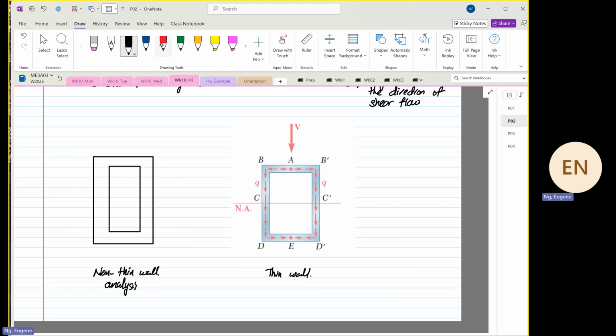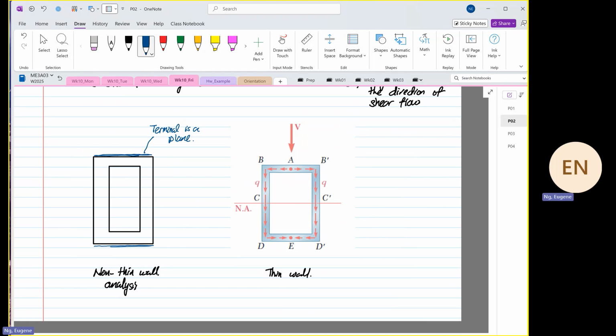So for non-thin wall analysis, remember I told you guys, our terminal is a what? It's a plane, right? So down here is also our terminal.